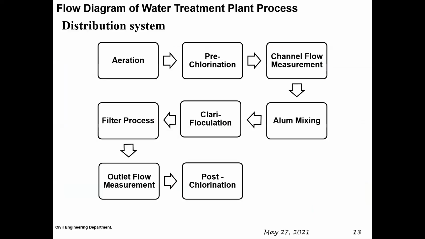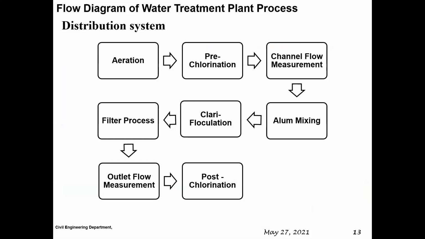So in the previous session, we discussed this flow chart, that is, what processes are to be carried out for a water treatment plant. Aeration, pre-chlorination, channel flow measurement, which means we have to measure the flow which is to be analyzed. Then alum mixing, as I have told you, coagulation is to be carried out.